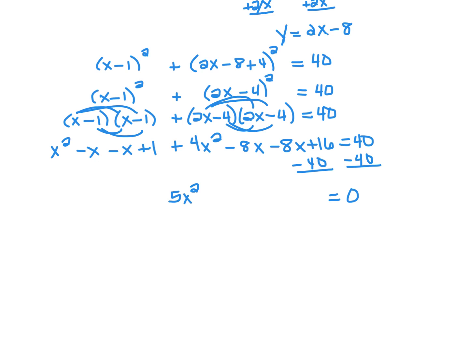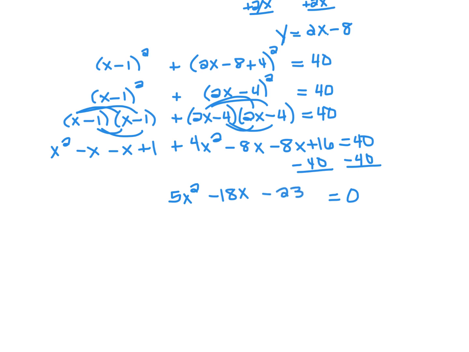And then negative x, negative 8x, and negative 8x would be negative 18x. And then what numbers do we have? We have 1 plus 16 minus 40. Okay, so 1 plus 16 would be 17, and 17 minus 40 is negative 23.